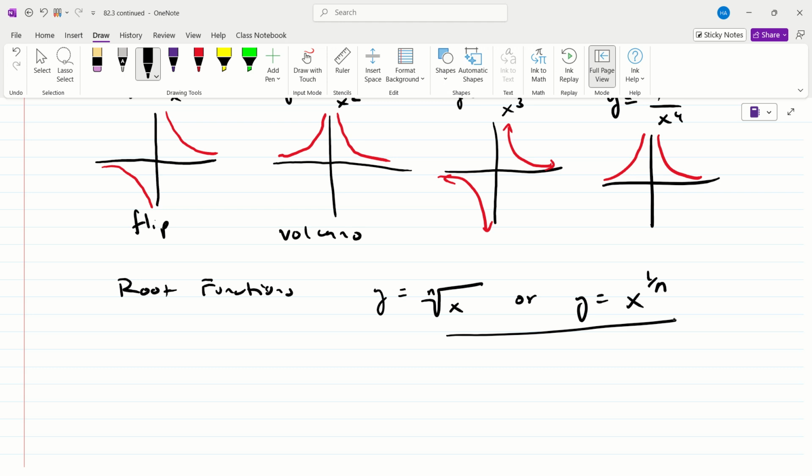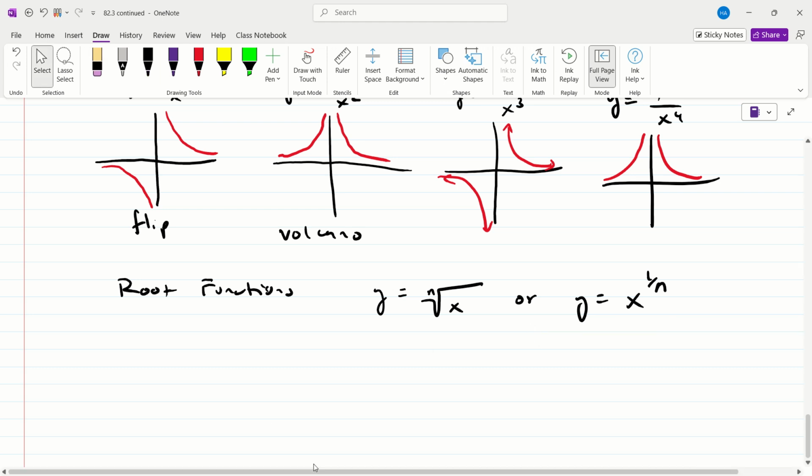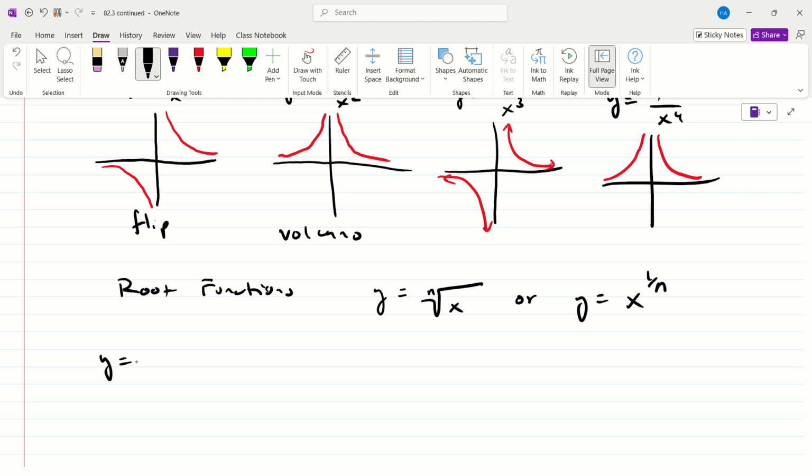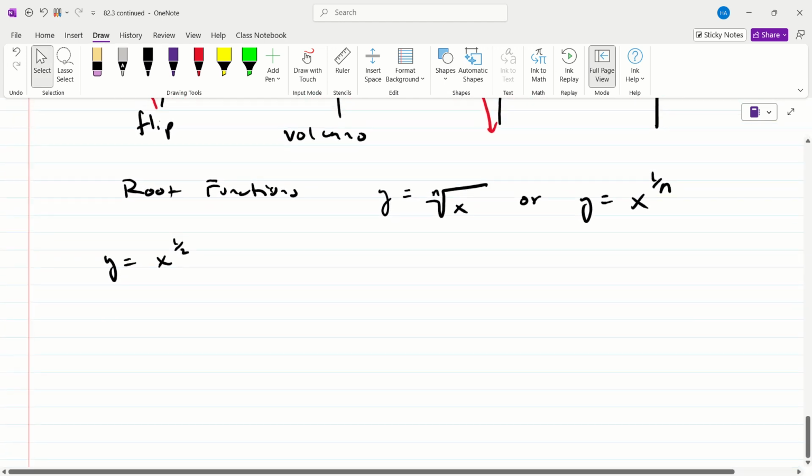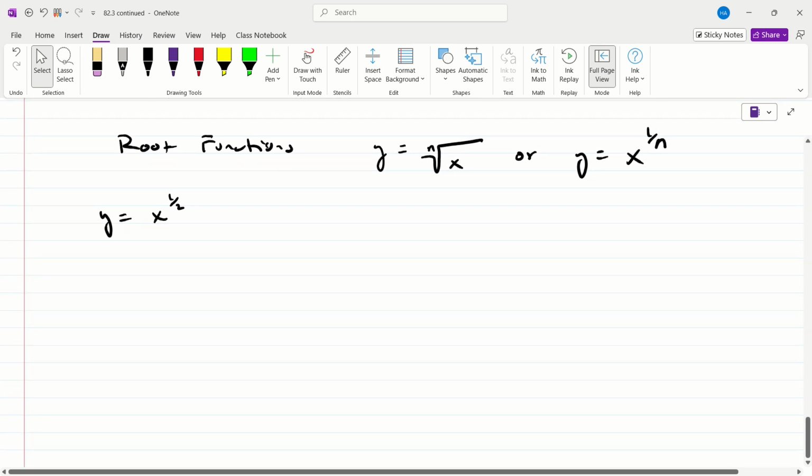These two are exactly the same. For the first function that we'll consider, let's take a look at x to the 1/2 power. What's x to the 1/2 power also known as? That might be more familiar to you. X to the 1/2 power is the same thing as the square root of x.